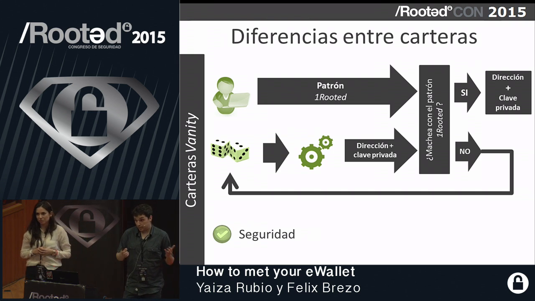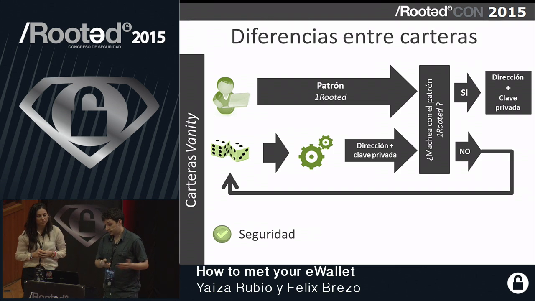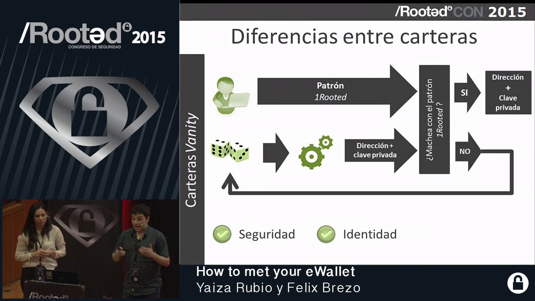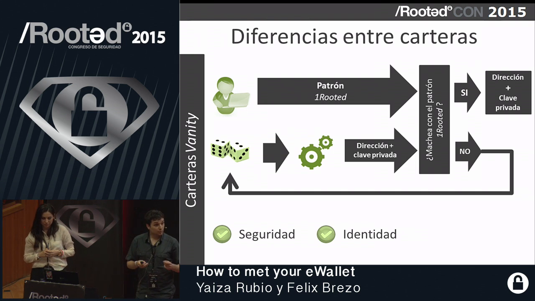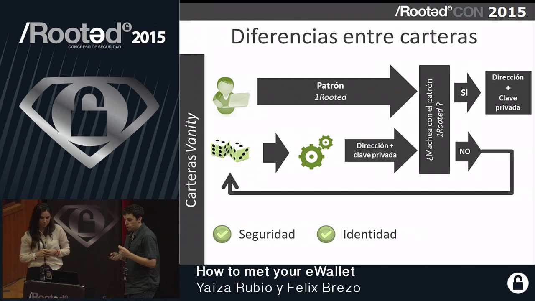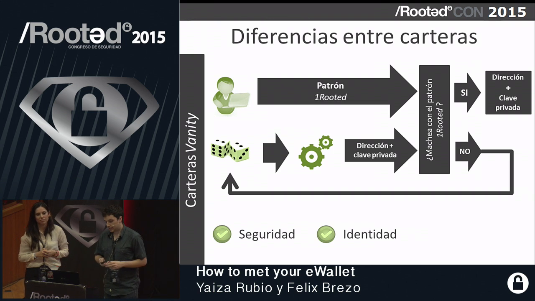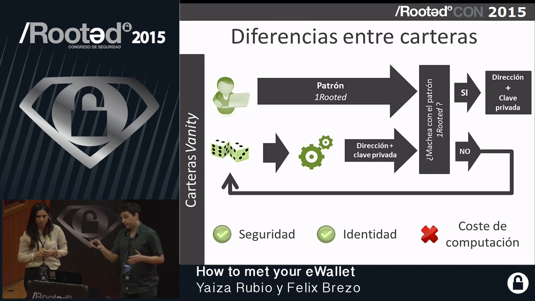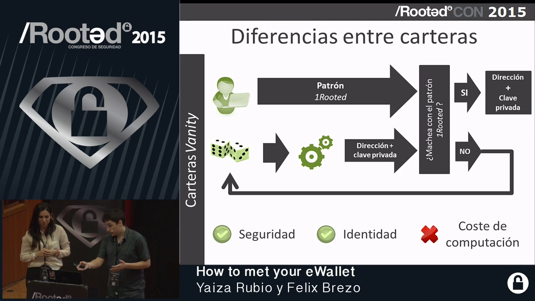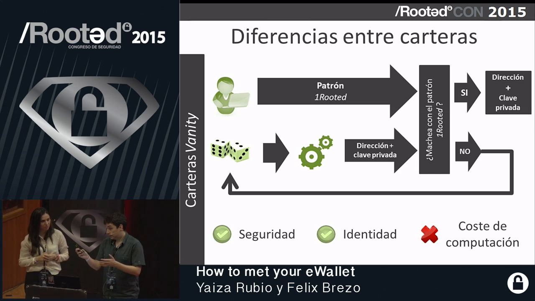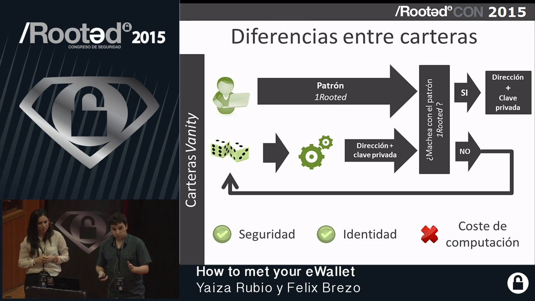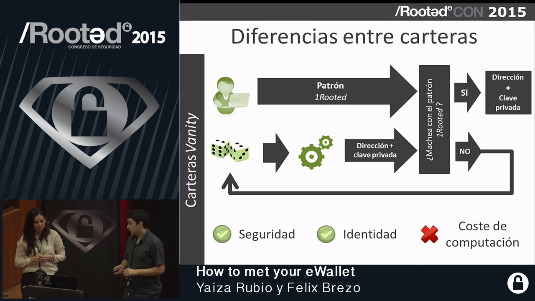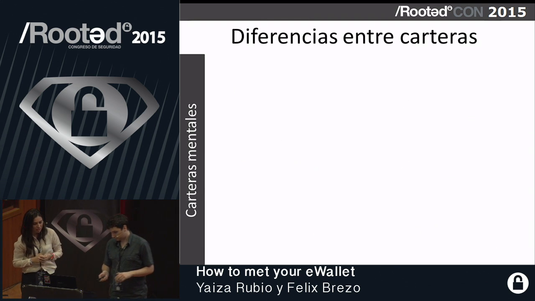The advantage is that from a safety and security point of view, we get it robust and complex. Another additional advantage is that we are going to send the rest of the people a more amicable and friendly wallet, but the cost is the computation of these wallets. For wallets with one rooted, it's going to take us around 10 hours.